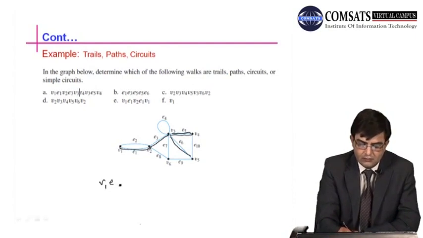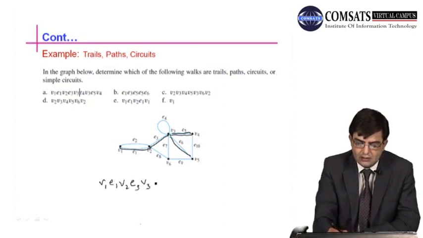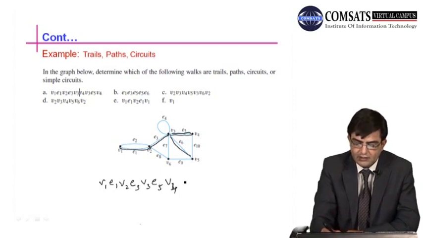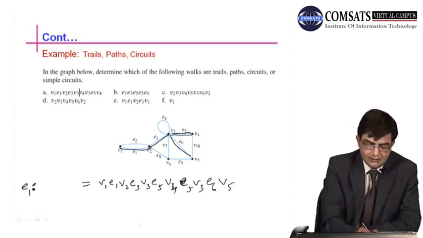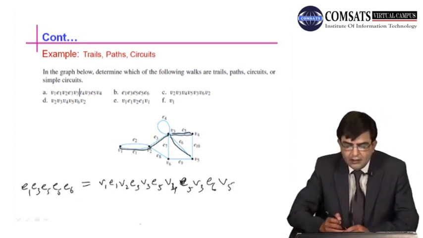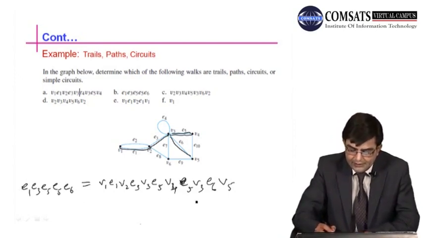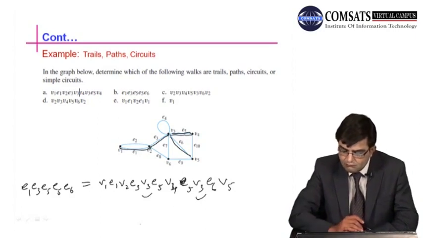So in an explicit way we can write this as V1 E1 V2 E3 V3 E5 V4 E5 V3 E6 V5. So explicitly E1 E3 E5 E5 E6 can be written like this.